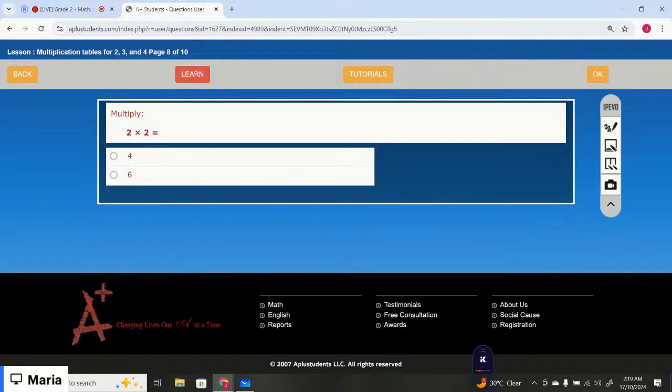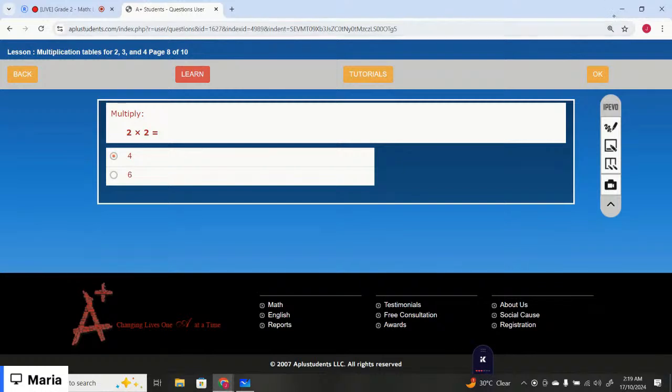The next one is multiply 2 times 2. So which is the correct option? 2 times 2 is 4.